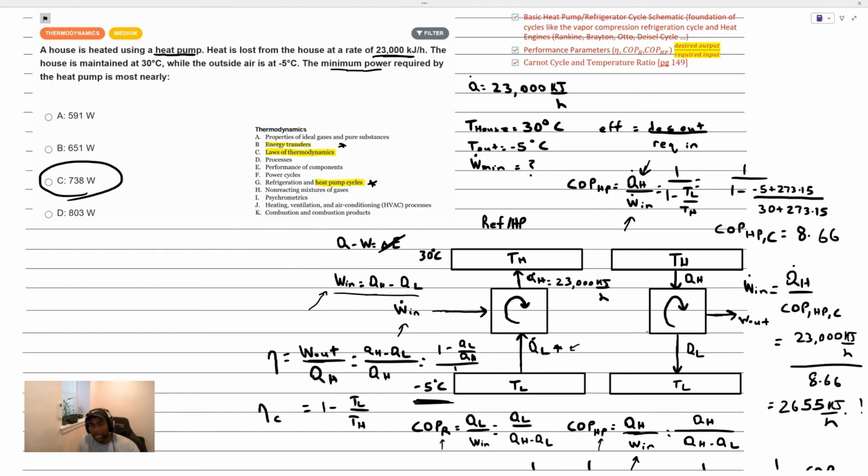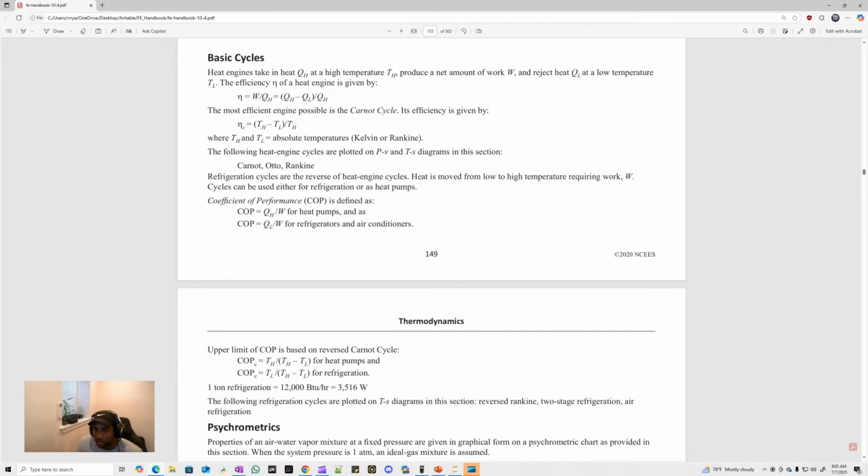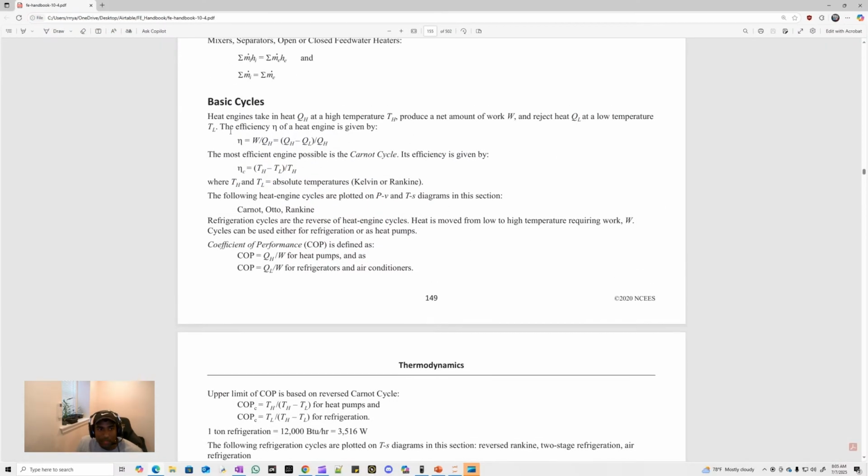I'm going to quickly show you guys inside of the reference manual where all these formulas can be found, and the section on this topic is found here. So basic cycles here on page 149 of the reference, you can see that they explain the idea of efficiency, and there's no desired output over required input, but that's the logical argument for how you get to some of these formulas.